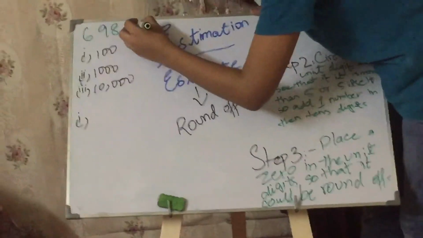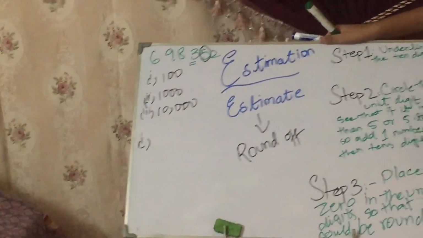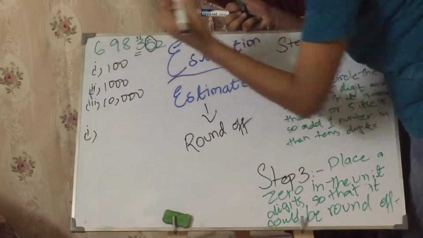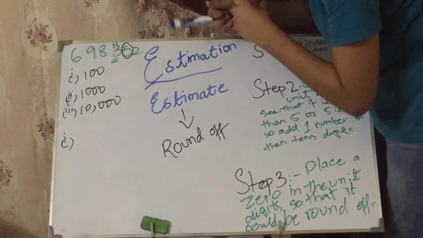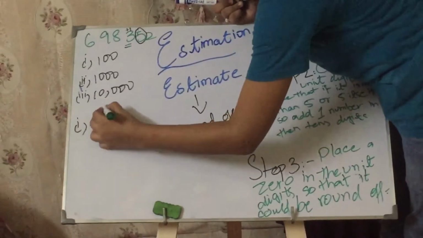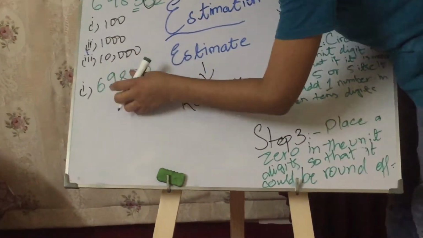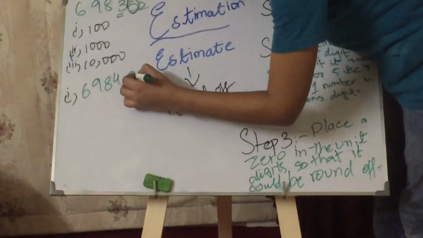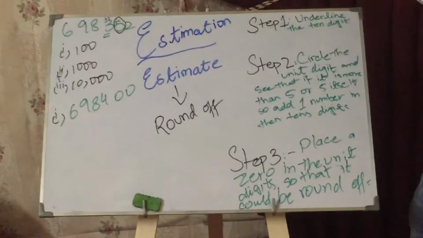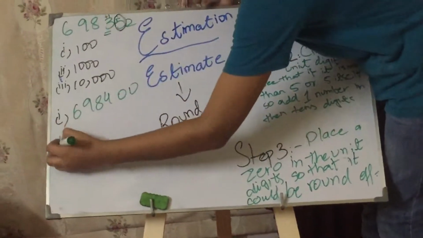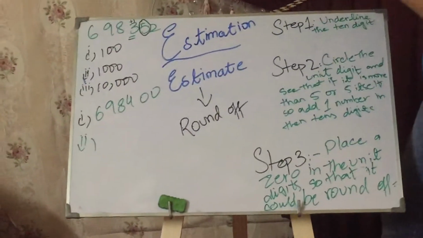It is more than 5 or exactly 5, so we would add 1 to it and put zeros in the rest. So the answer would be 698400.